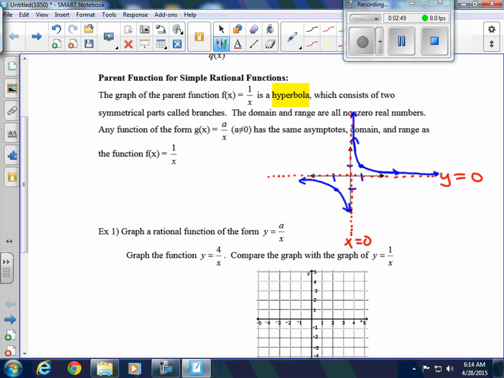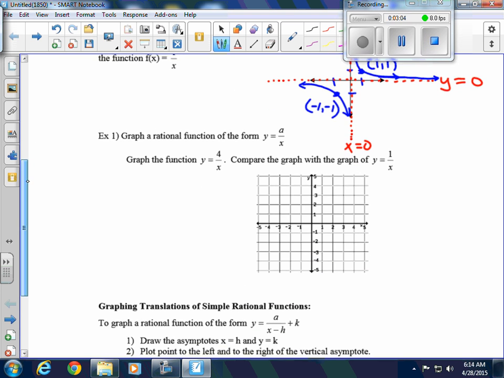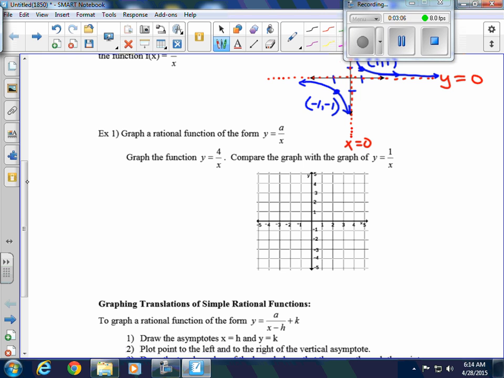So this point here is going to be 1, 1, and this point here is going to be -1, -1. And that's what the parent function of this hyperbola looks like. Now let's look at example 1.